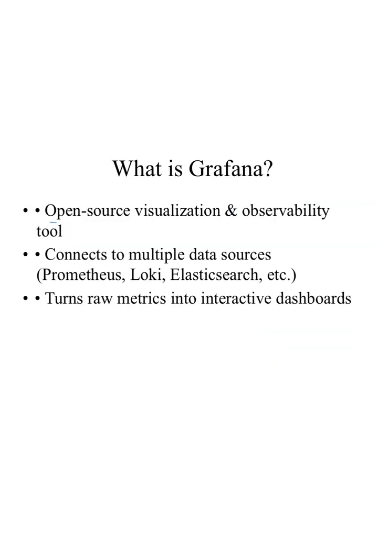So again, Grafana is an open source visualization and observability tool. You can observe your system and accordingly take decisions. It connects with multiple data sources. Please note how Grafana fetches the data. Let's say this is your service, and somebody is picking the data from here, let's say Prometheus.